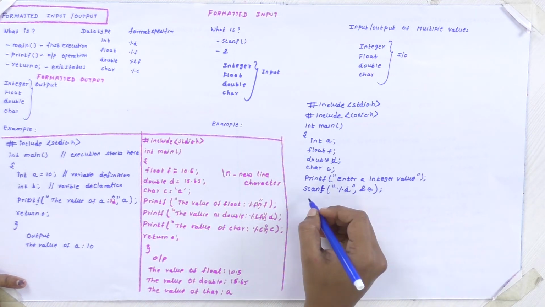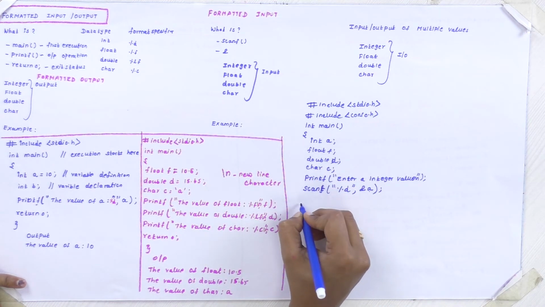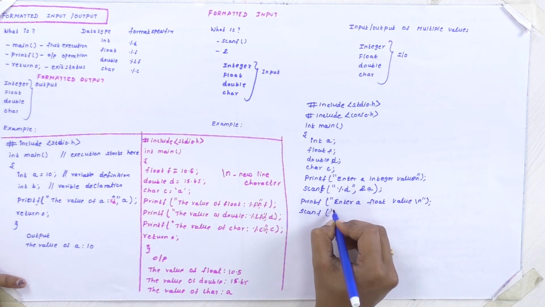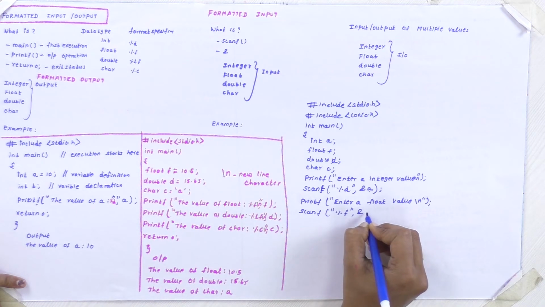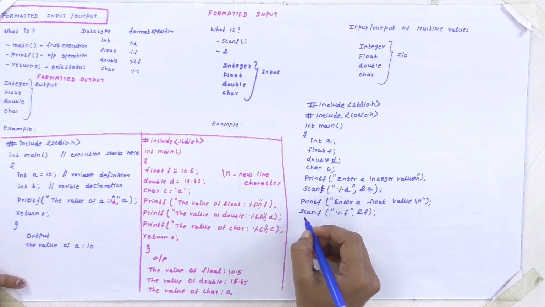So the same thing I am going to repeat for float and double. For float I am using scanf with %f, &f, since the variable name is f.